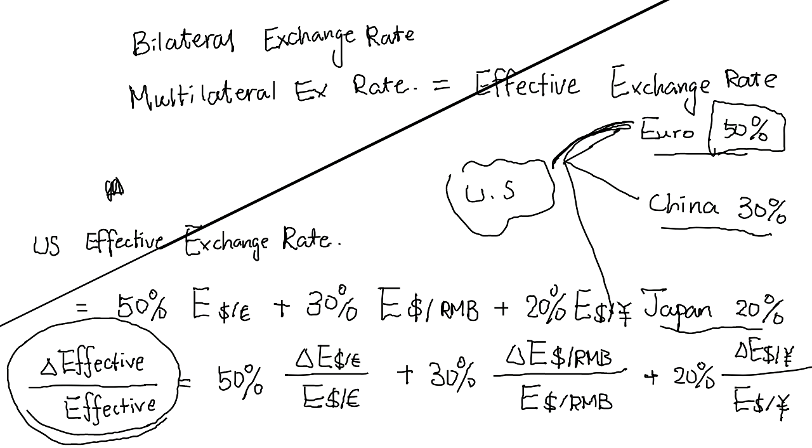So say that the US dollar appreciates against the euro by 10%. And it depreciates against the Chinese yuan, the renminbi, by 20%. And it appreciates against the Japanese yen by 10%.